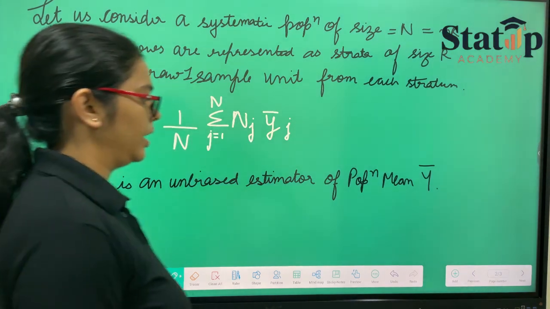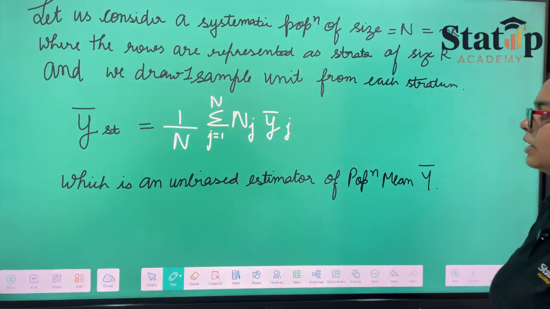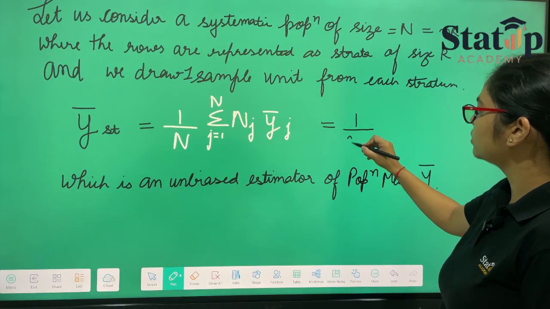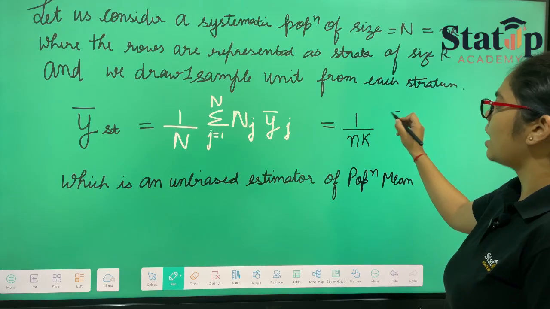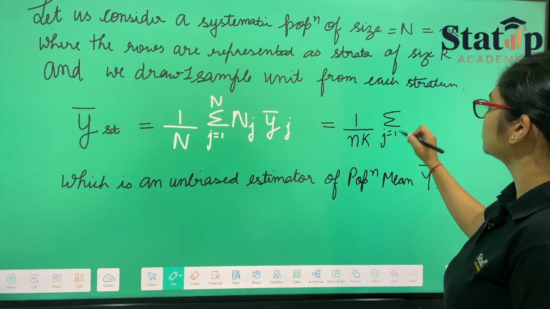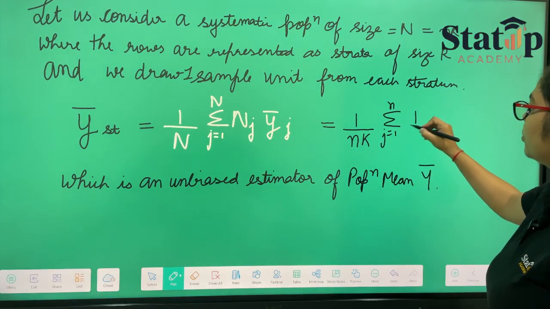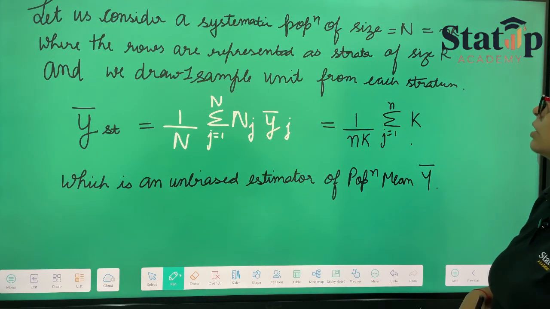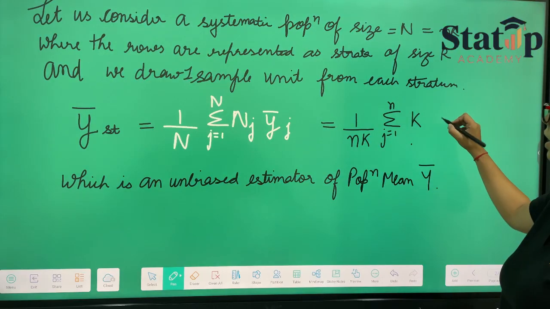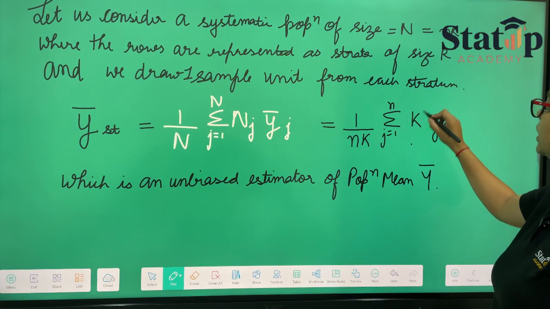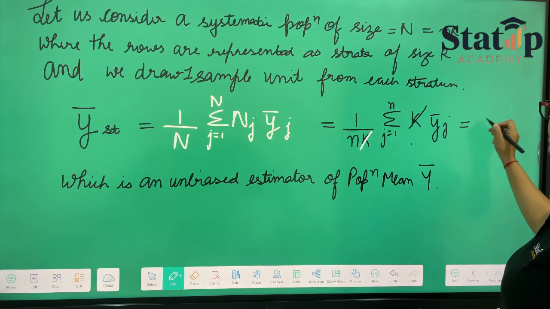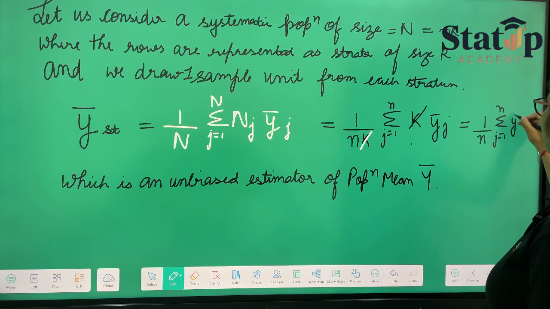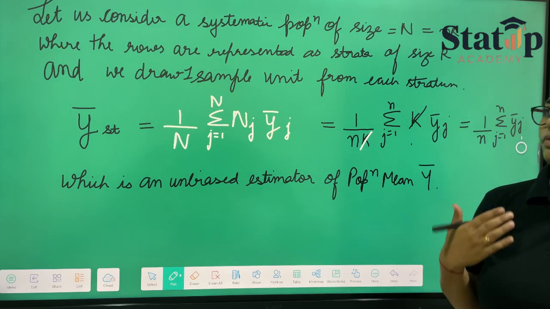We know that capital N is nothing but nk, and nj is nothing but the size of each stratum, k. The k and k get cancelled and we are left with 1 upon n summation j goes from 1 to n y bar j. This is the derivation for it.